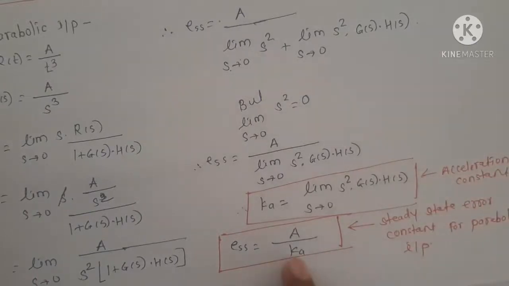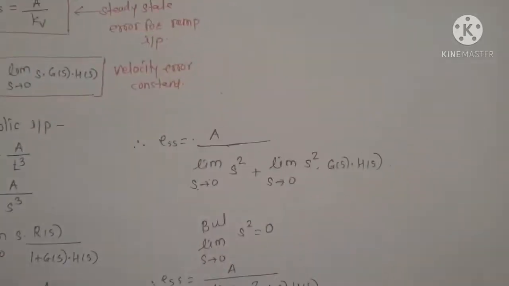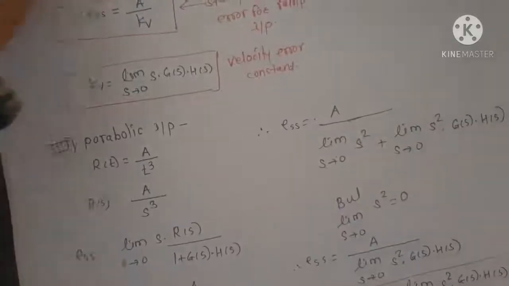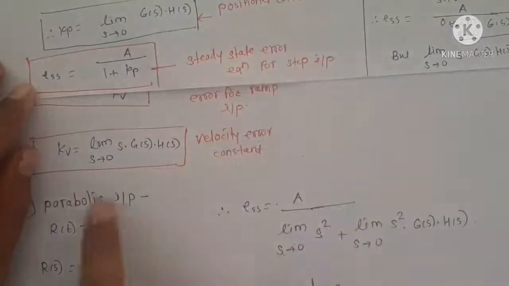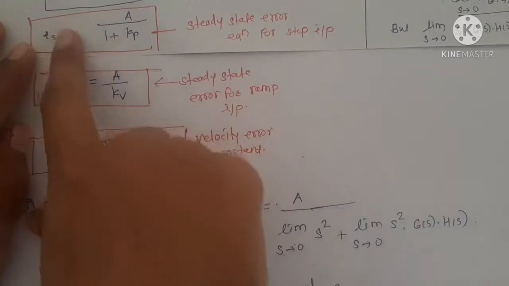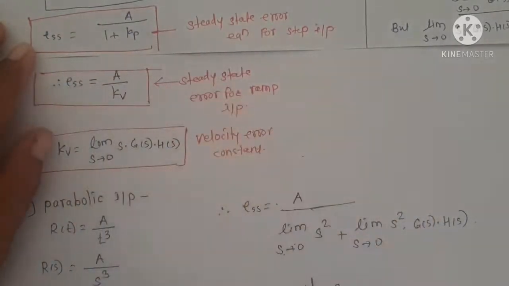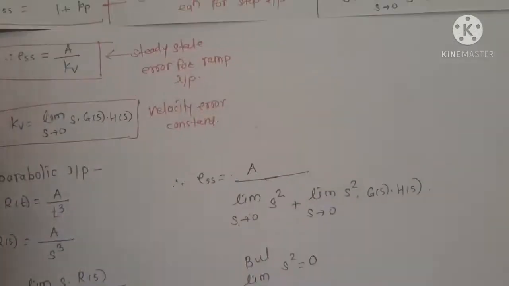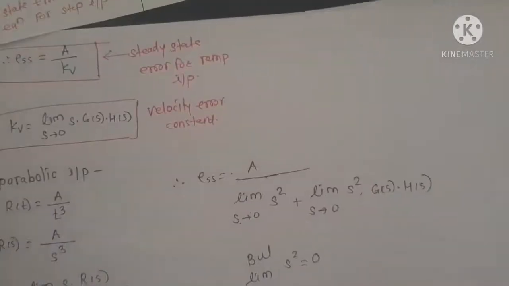So these equations are very important. In exam you have 100% problem on these equations. These three are important, that is E of s is for step input, E of s is for ramp input, and next E of s is for parabolic input. So this is very important. We may remember that by simply drawing one table like this.